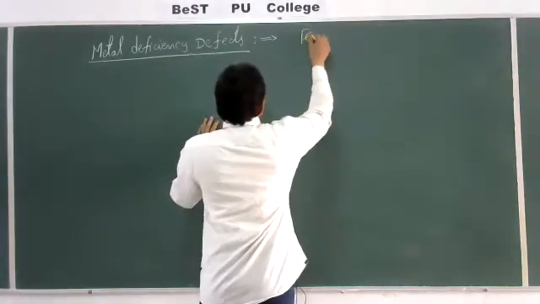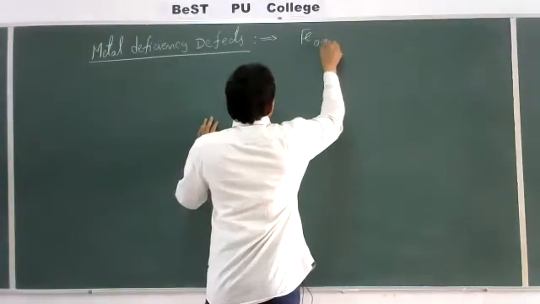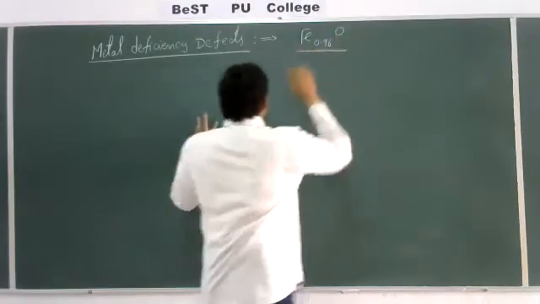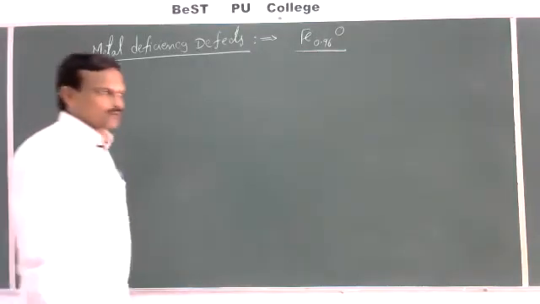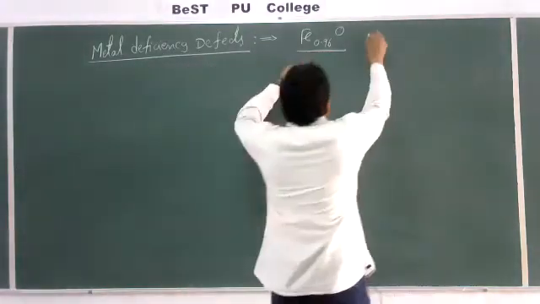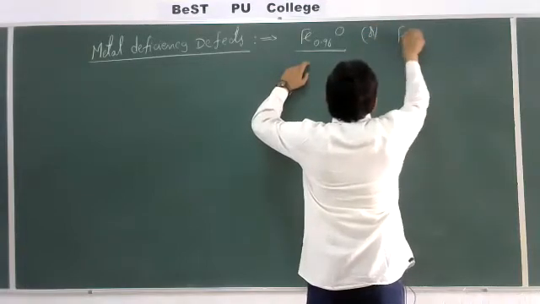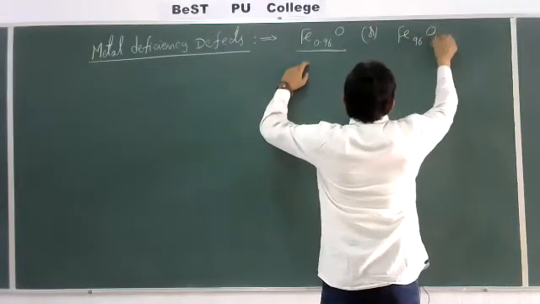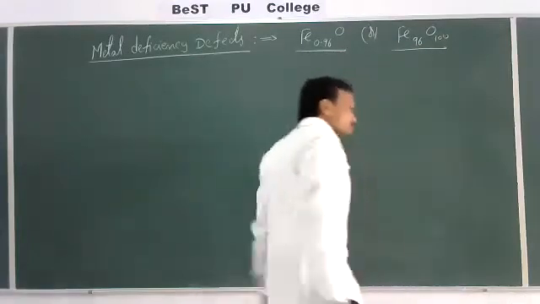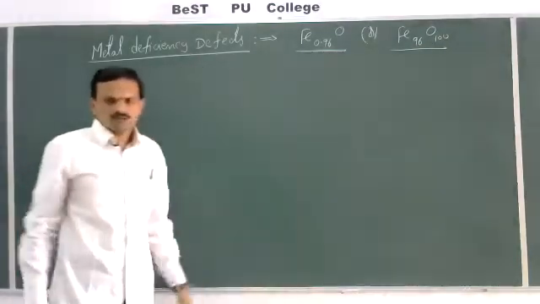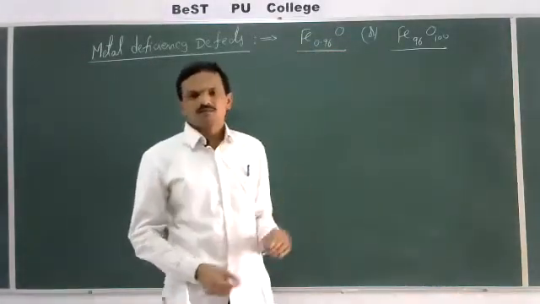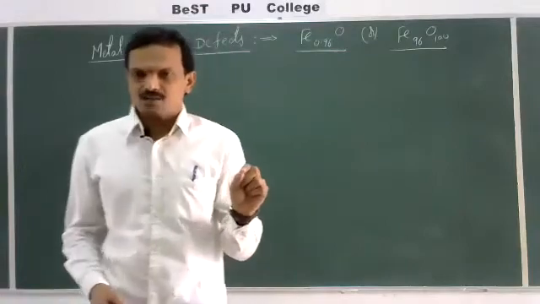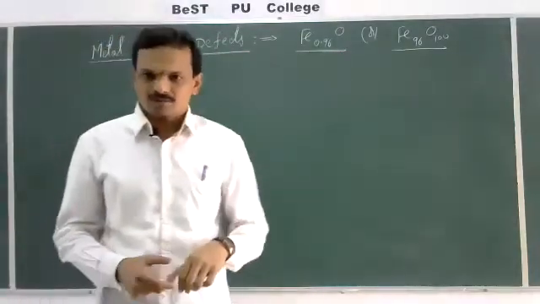Let me take an example: Fe 0.96 O. This is a non-stoichiometric compound. Fe 0.96 O can be represented as Fe 96 O 100, though the exact representation is Fe 0.96 O. This means that for one atom of oxygen, only 0.96 atoms of iron are there.